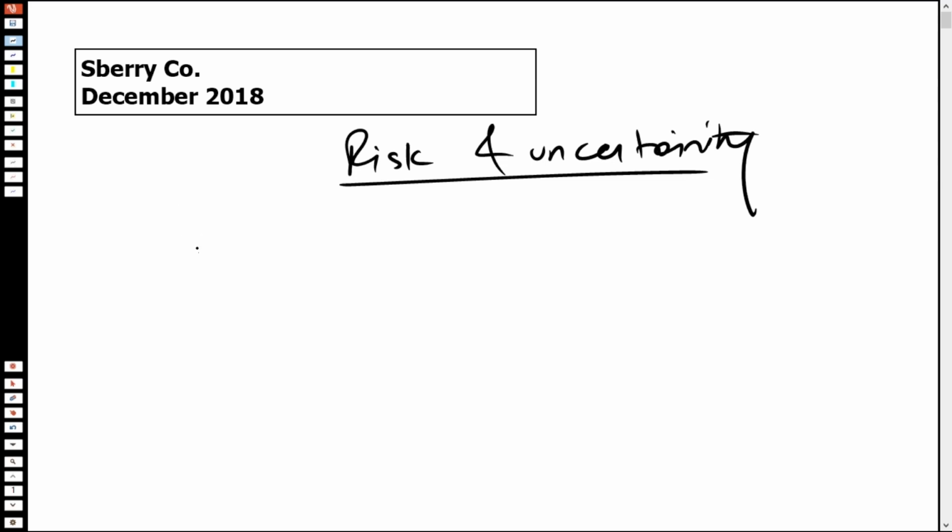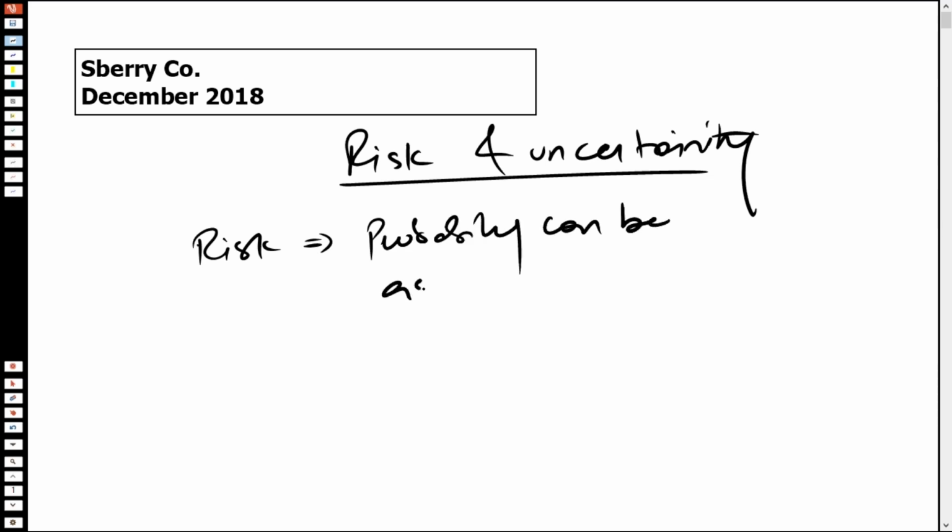Basically, whenever we say that we are facing risk, that means a probability can be assigned to an outcome. I repeat, if there is a situation where a probability can be assigned to an outcome, you are said to be facing a risk.